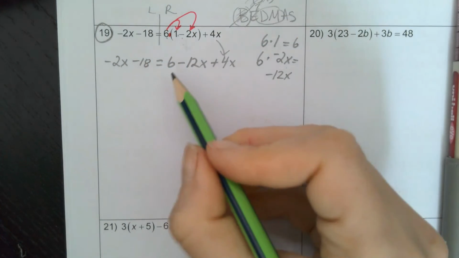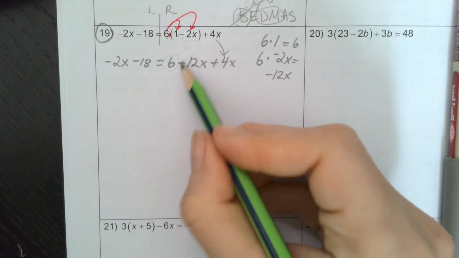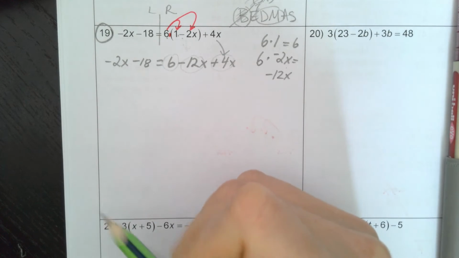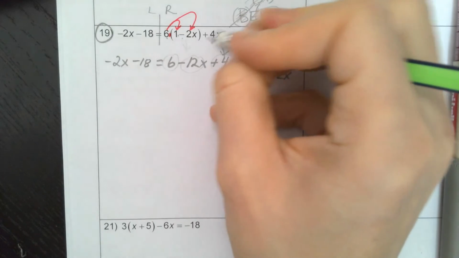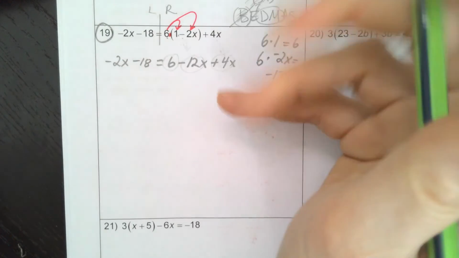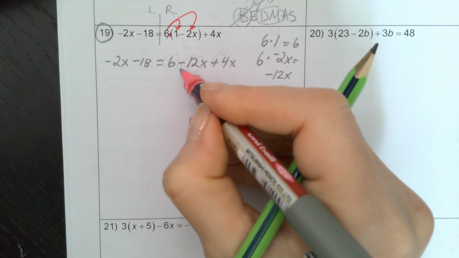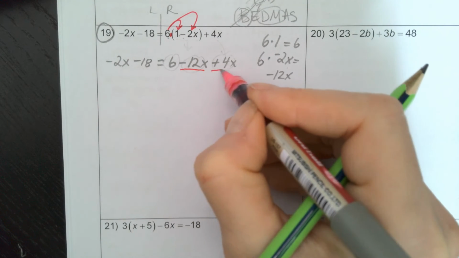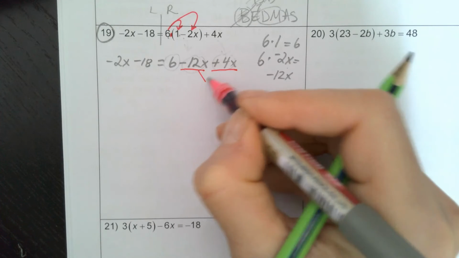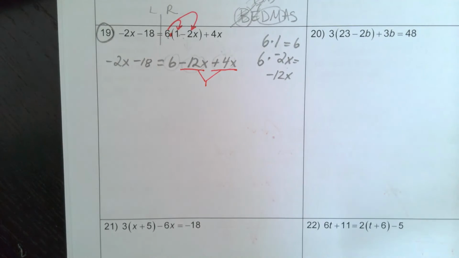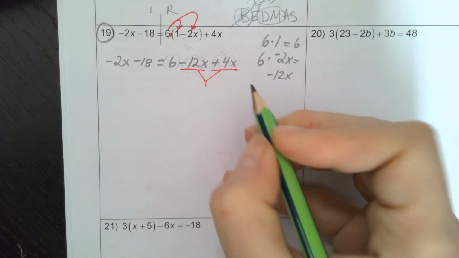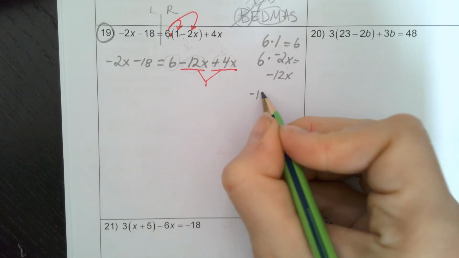Oh, the right side has 1, 2, 3 terms. So maybe we can make the right side more simple before we start to solve the equation. Yeah, look, this has an x and this has an x. So I can put these two together to make it more simple. So I lose 12 and I get 4.